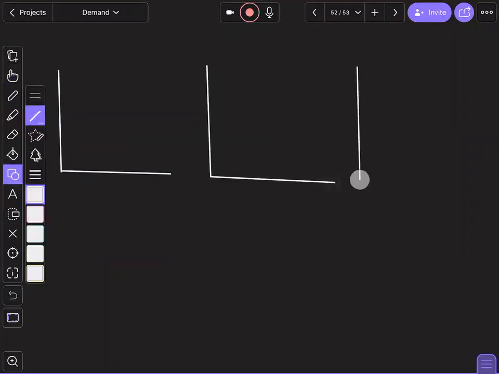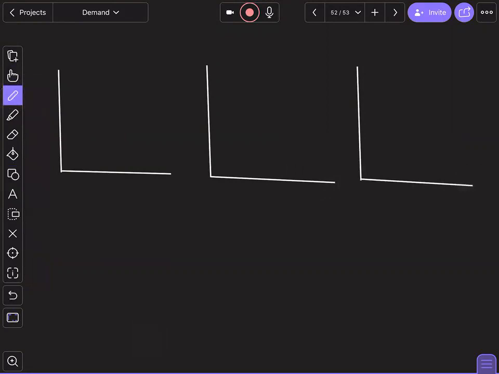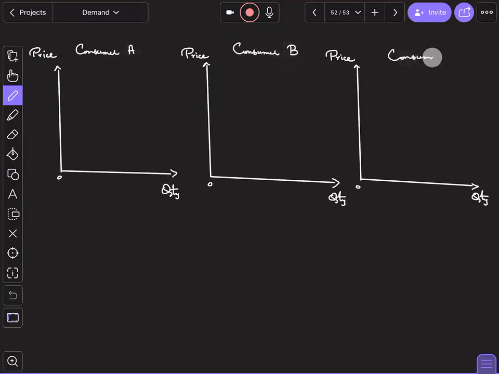We have consumer A, consumer B, and consumer C. These will be the demand curves for different consumers. This is for consumer A. This is for consumer B. And this one is for consumer C.